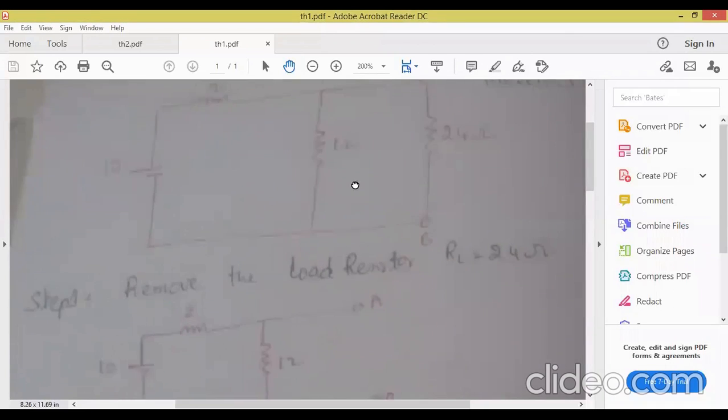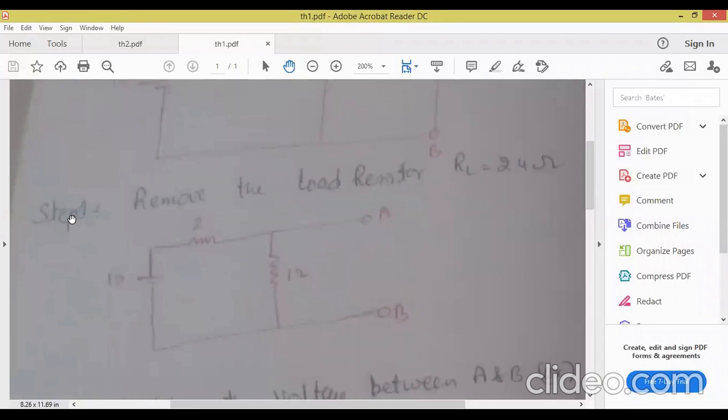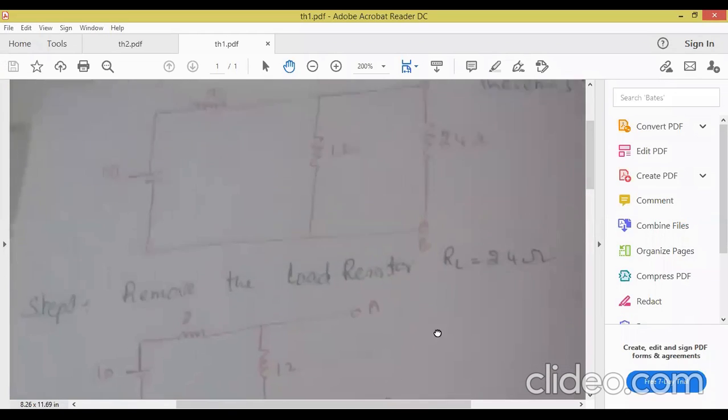So now you see step by step. What is step 1? What Thevenin has mentioned: the theorem says that any circuit can be replaced by a simple circuit. What is that simple circuit? Only one voltage source and only one resistor. Now, what is step 1? He has mentioned remove the load resistor. Load resistor means what here?